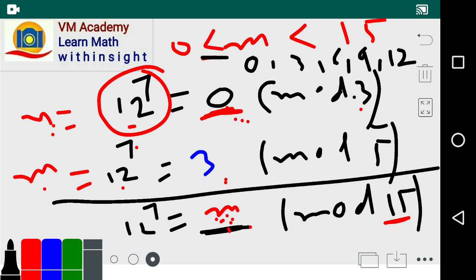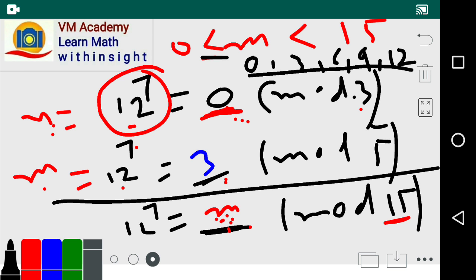Now out of these 5 numbers, which one is congruent to 3 with respect to modulo 5? That means it leaves remainder 3 when divided by 5, friends.